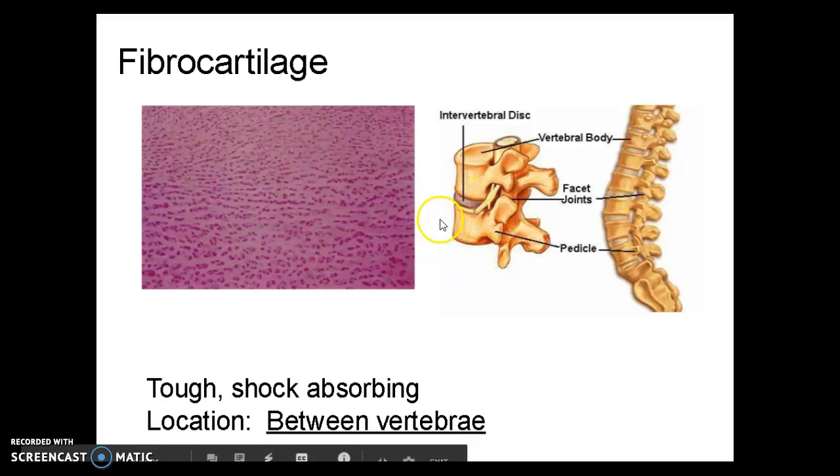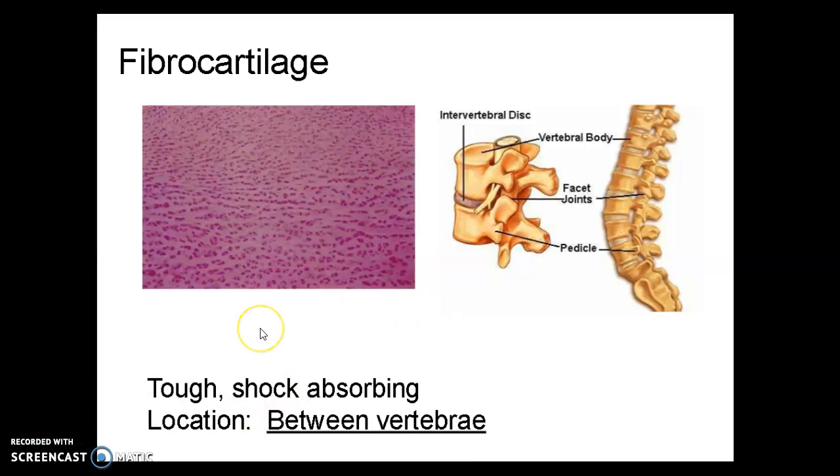And its main function is for padding and to keep the shock from the movement in between your bones in your vertebrae low. You'll also have some fibrocartilage in the meniscus of your knees that reduce the impact between your femur, your thigh bone, and your tibia, your shin bone, as you walk.